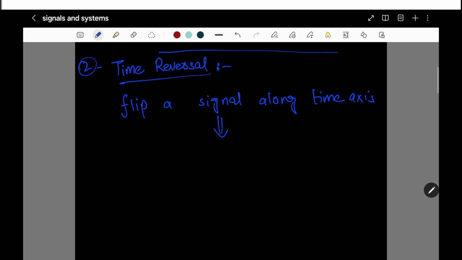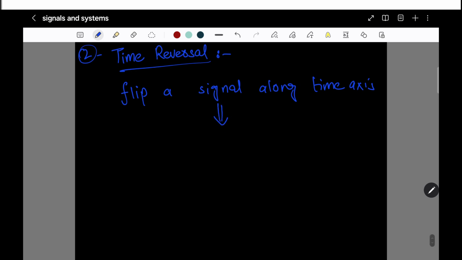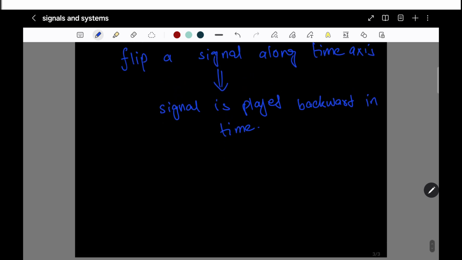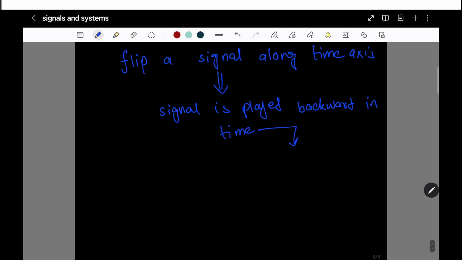It simply means that the signal is played backward in time. Mathematically speaking, it is reversing the order of its values.